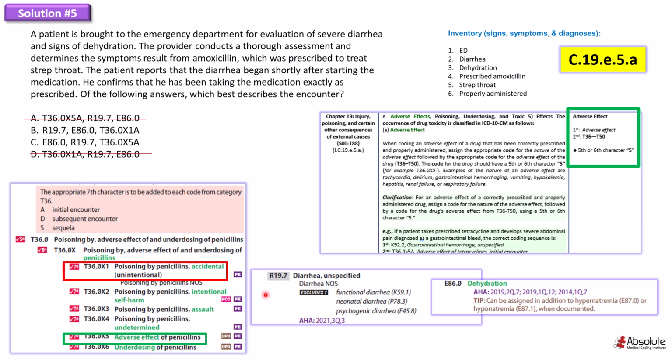And yes, amoxicillin is in the penicillin family. And if we continue to do our due diligence, R19.7 is your diarrhea code, and E86.0 is your dehydration code. So C is sequencing dehydration, diarrhea, and the adverse effect, and is correctly sequencing according to the adverse effect guideline.